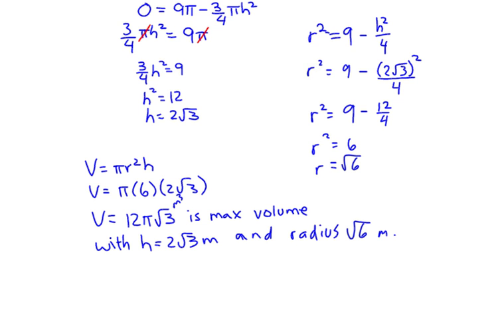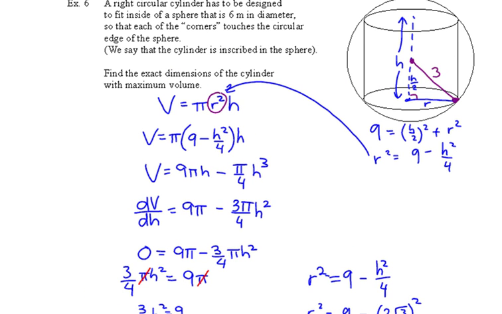So given now that we know our radius and height, we just plug those in. We get the max volume. There's a question similar to this on your assignment, and you're going to set it up very similar to this idea. You have to find that relationship inside. Same idea.